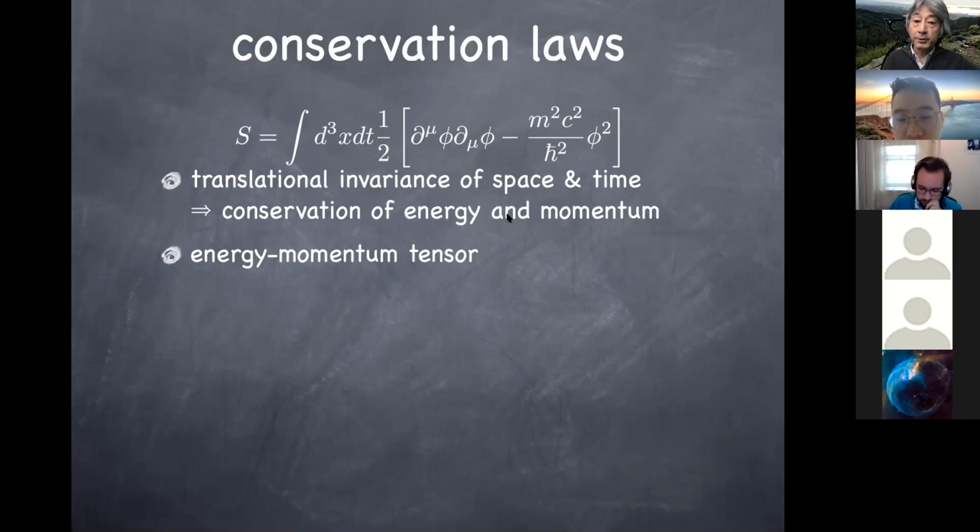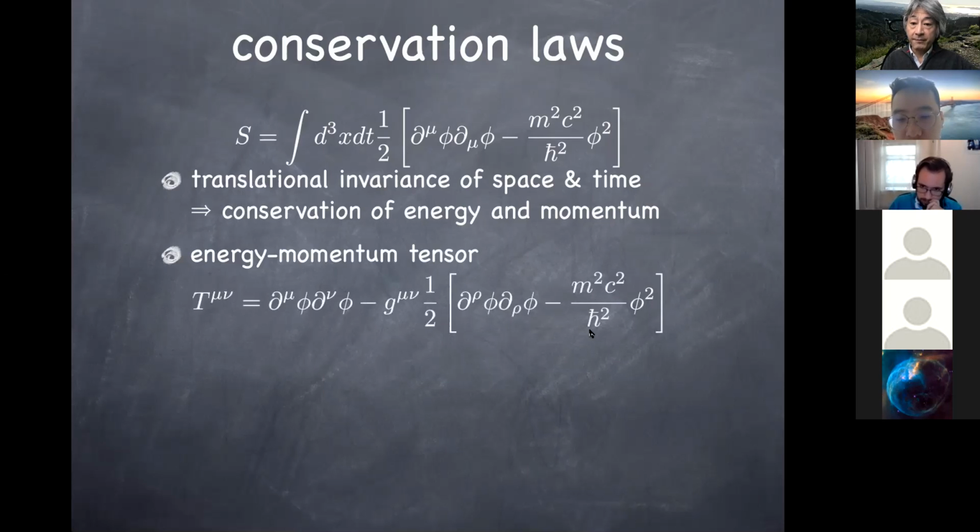Now we are talking about the energy-momentum 4-vector, and the corresponding conservation law requires an energy-momentum tensor, which is defined in this fashion using this field. And the conservation law takes the form that the 4-divergence of this energy-momentum tensor vanishes. But now you see that there's still a leftover index nu here. So this leftover index nu corresponds to the 4-vector of energy and momentum.